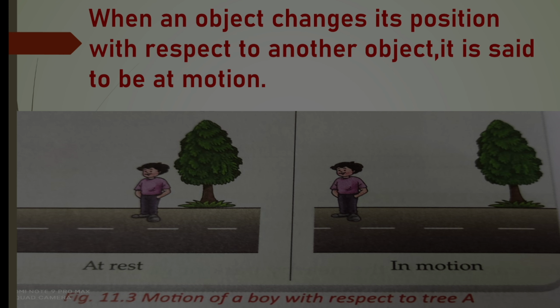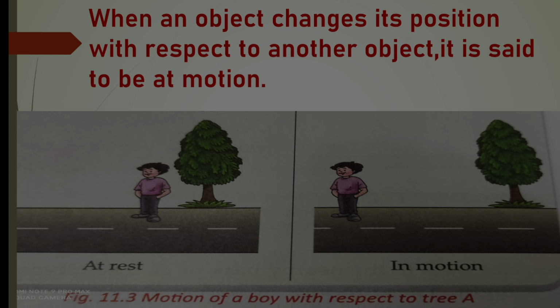The boy has moved away from the tree. So there's a gap between the boy and the tree. So what happened here? The boy has changed his position with respect to the tree. So this is said to be in motion. So when an object changes its position with respect to another object, we call it in motion.